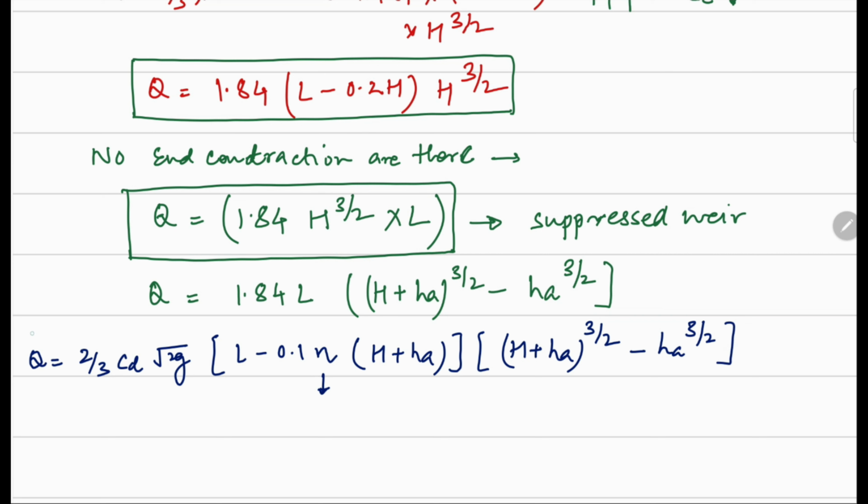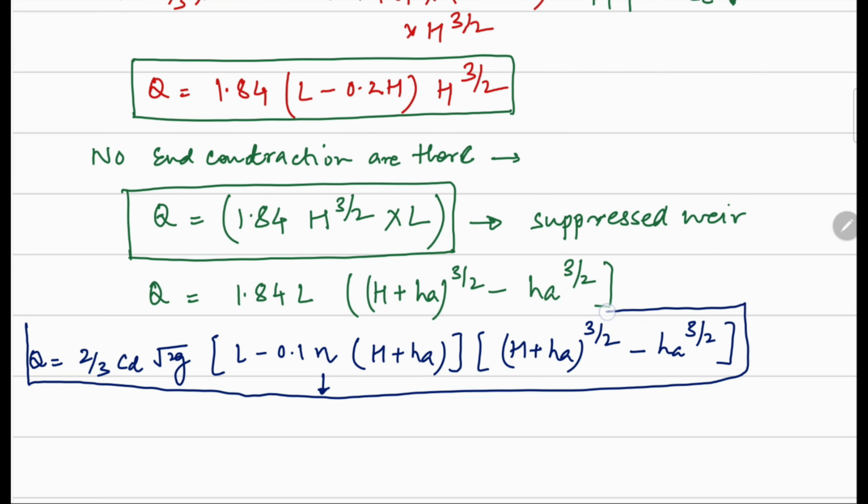Now we have to use this particular equation for estimating the discharge. So this neta is the number of end contractions.